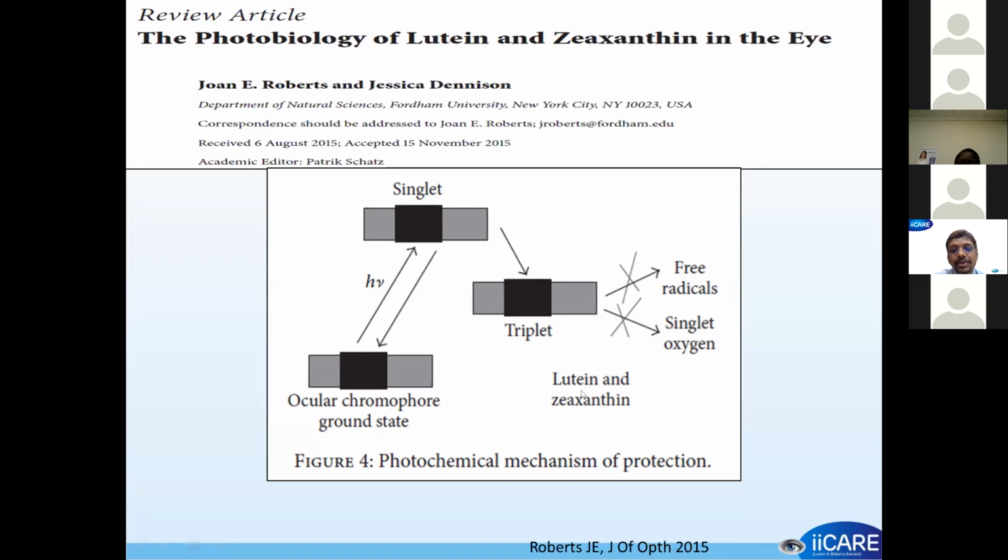As we know, lutein is mainly at the periphery as well as at the center of the retina, and zeaxanthin, lutein, and mesozeaxanthin are concentrated in macula.